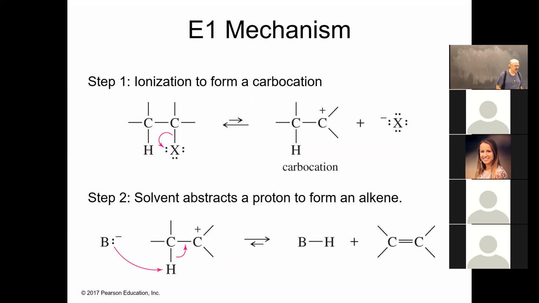Okay, so this is how the E1 occurs in general. We have ionization, and then the solvent removes this beta hydrogen and forms a double bond. The first step, the ionization or the heterolysis, is a slow step, so that determines the rate.